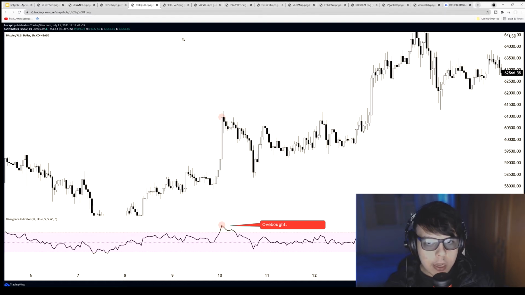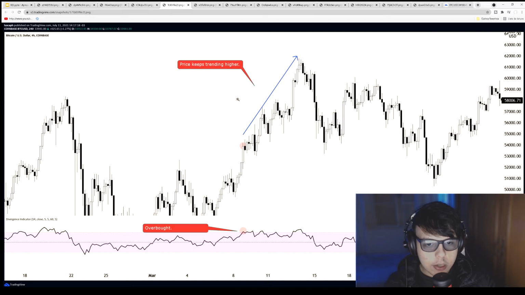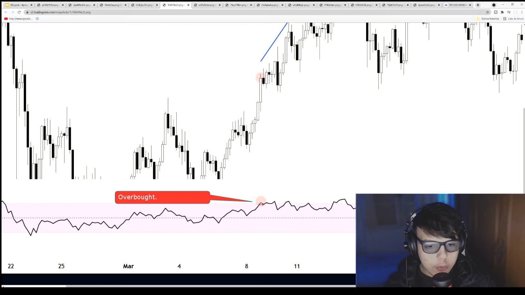Okay, so I have another example here as well, and this one is on the 4 hour on BTC. If you pay attention to the chart here, you see that the RSI came to a point where it went above the 70 line right here. So it was overbought.